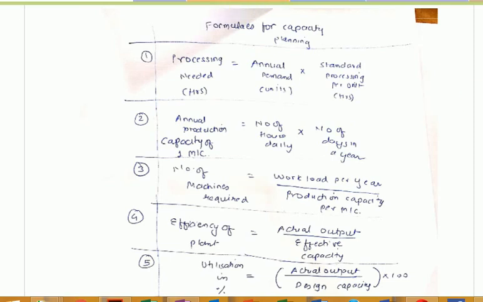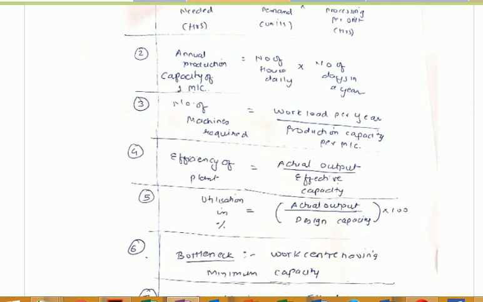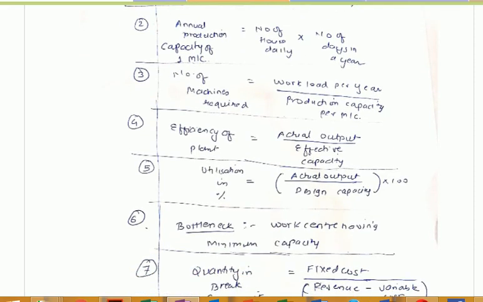Now if we go for the fourth formula, we are trying to find out the efficiency of the plant. The simple thing we need to understand here is, for finding the plant efficiency we should know what is the actual output the plant is producing, and what is the effective capacity.